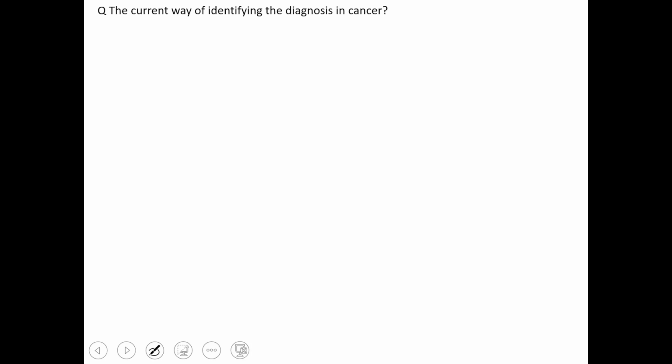Can you tell me the current way of identifying the diagnosis in cancers? What is the way and what are the tools we can use to diagnose cancer in human beings? Basically, we need to go to a hospital for diagnosis and use mammography to identify the affected part.